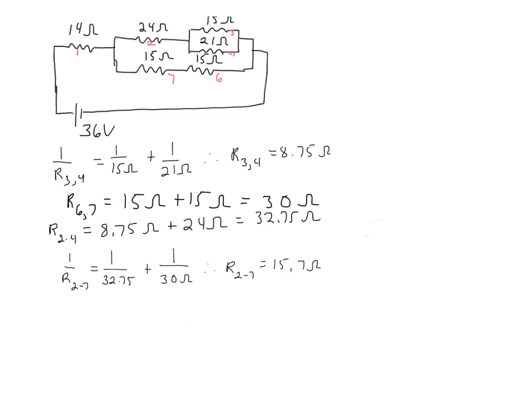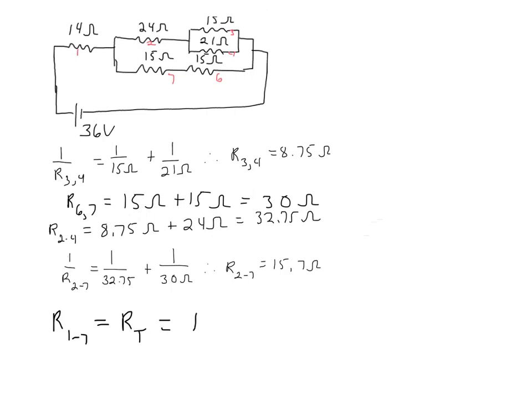So now 1 and 2 through 7 are in series, so we're going to say R1 through 7 is the same as the total resistance of this circuit, since that includes all the resistors in the circuit. So our total resistance in this circuit is going to be equal to R1 plus R2 through 7.